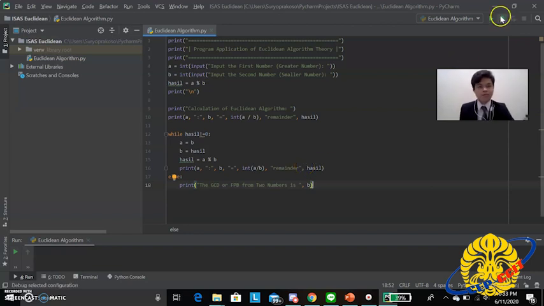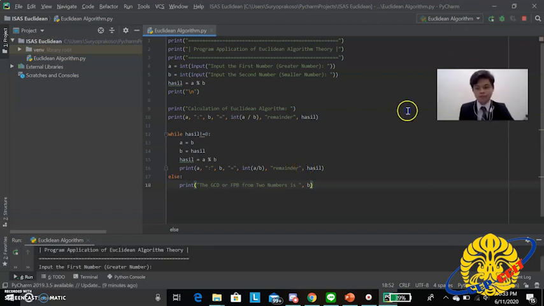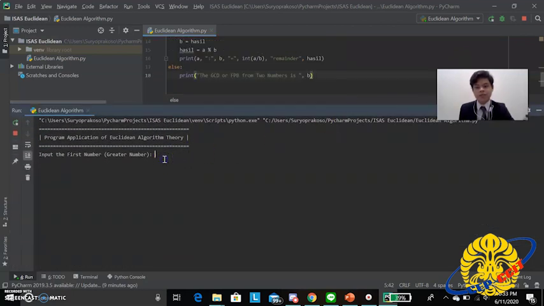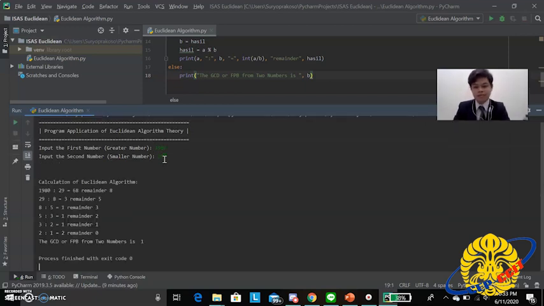Okay, so let's run it. The program asks us to enter the numbers as integers. The first number is the greater number. For the example, it is 1980. Okay, so enter. The second one is the smaller number. For the example, it is 29.